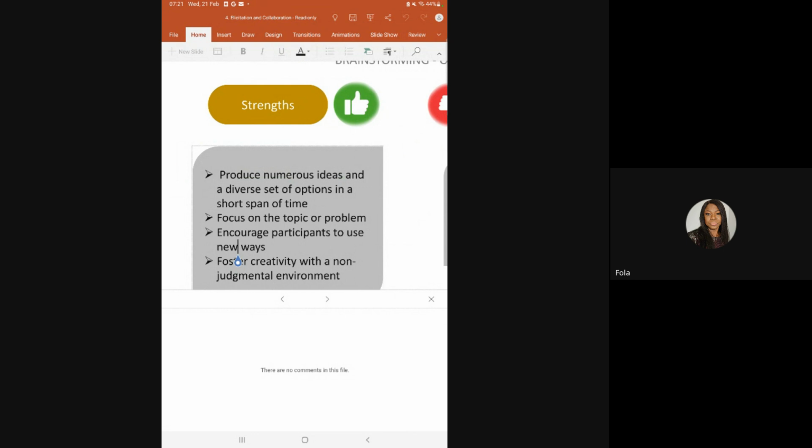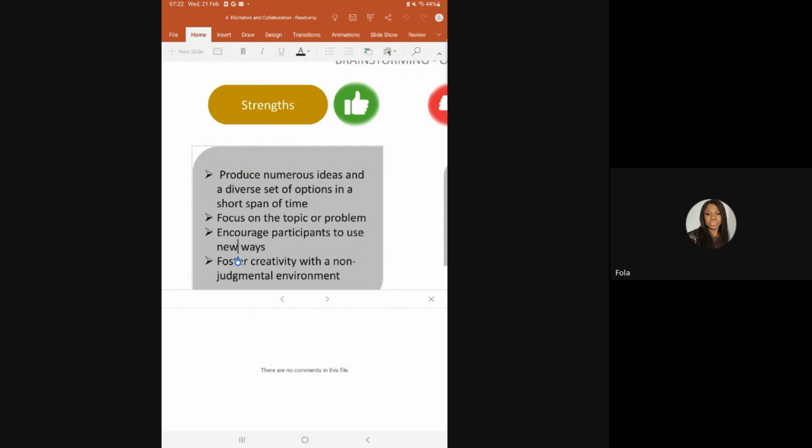If not, you need this kind of technique where they come up with all possible scenarios. You would ask them, please tell me all possible scenarios. If 2, 3 people are sitting, if one doesn't tell, the other fellow will think and say, oh, you missed this scenario, how about this scenario. So you can document all the scenarios. So it produces numerous ideas and a diverse set of options in a short span of time. That's what brainstorming gives you.